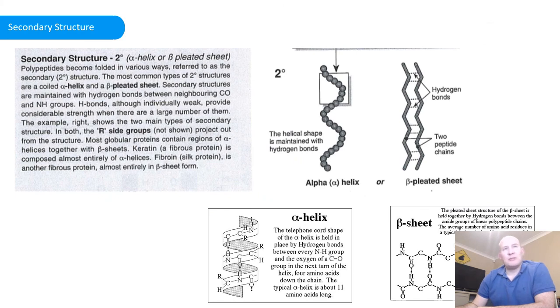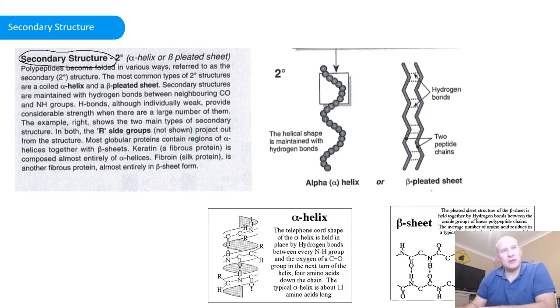As the primary structure gets bigger, and we're starting to get hundreds of amino acids, they start folding up on each other, bonding with other atoms in the chain to form the protein's secondary structure. It can form one of two shapes.